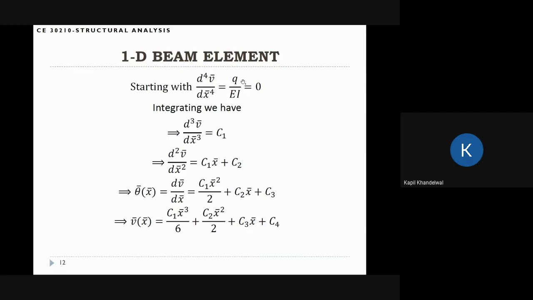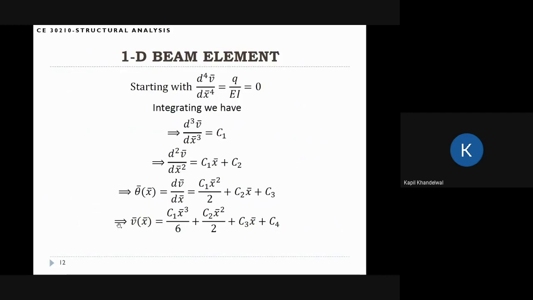To solve this differential equation, we have to integrate it 4 times, and once we integrate it 4 times, we'll get v. But you can see that you will have 4 unknown coefficients, C1, C2, C3, C4. So this is the relationship of v with respect to x, and C1, C2, C3, C4 are the 4 unknown coefficients.